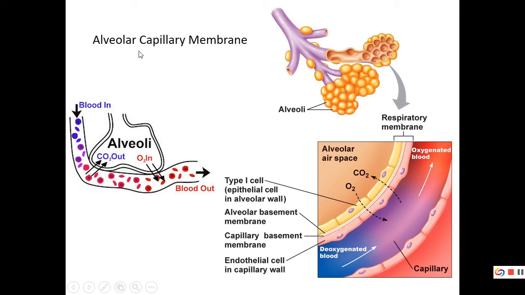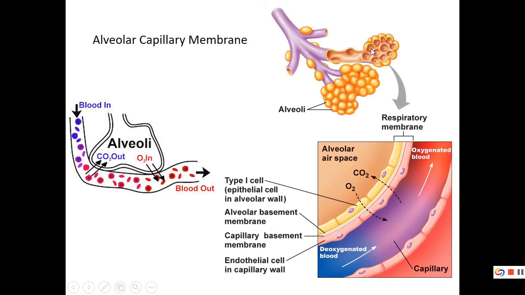So this alveolar capillary membrane, that is really the gas exchanging unit that keeps us all alive. It's why we're all sitting here breathing comfortably. And basically we have deoxygenated blood coming towards the alveolus. Carbon dioxide leaves the red blood cells. Oxygen comes in, and it has to cross this membrane.